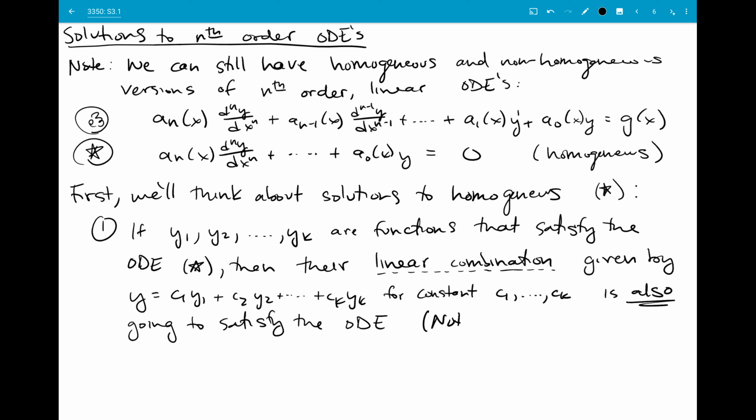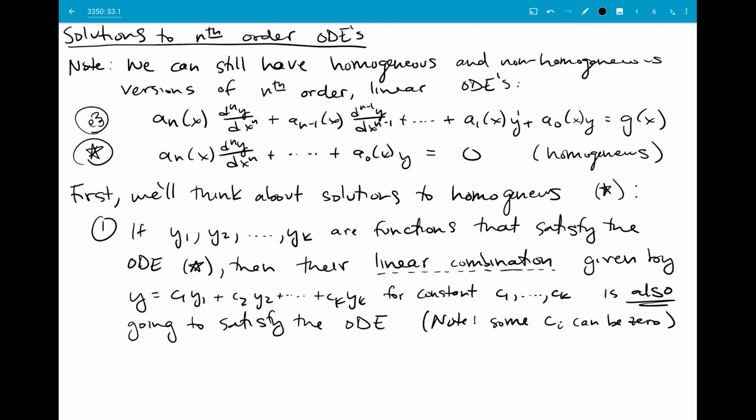And note that a c can be 0. So you don't have to use all of the functions either. If you had like 5 functions, but you took a sum of 2 of them, that would still fall within this idea of a linear combination.